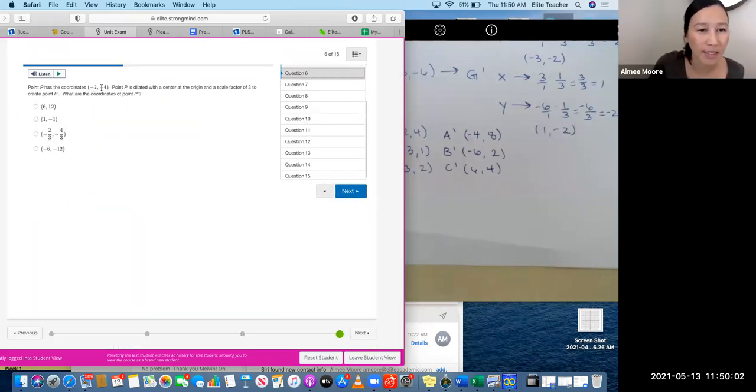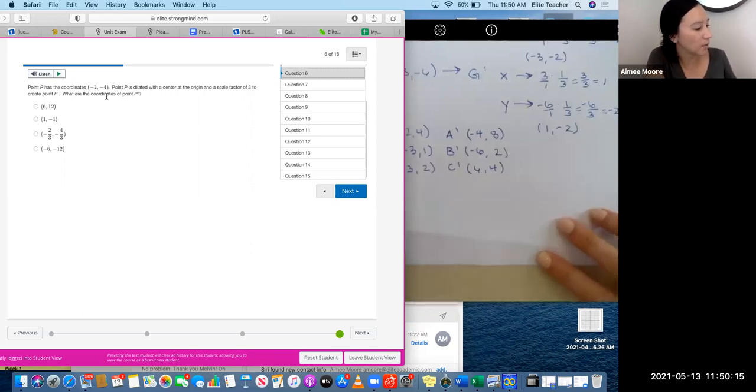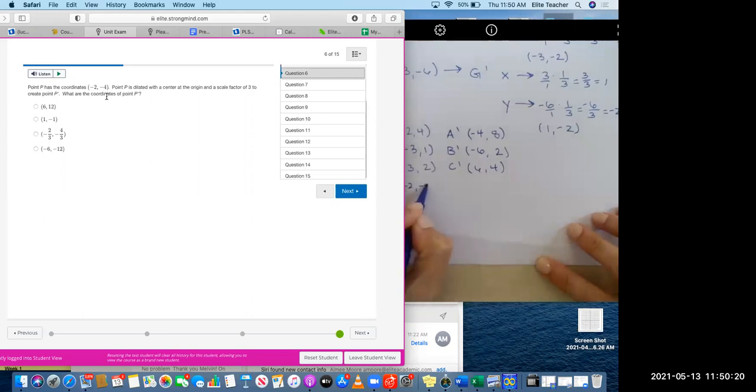Point P has the coordinates negative 2, negative 4. It's dilated with a scale factor of 3. So what are the coordinates of P prime? What do we need to do to figure out P prime? Multiply negative 2 and negative 4 by 3. Perfect.